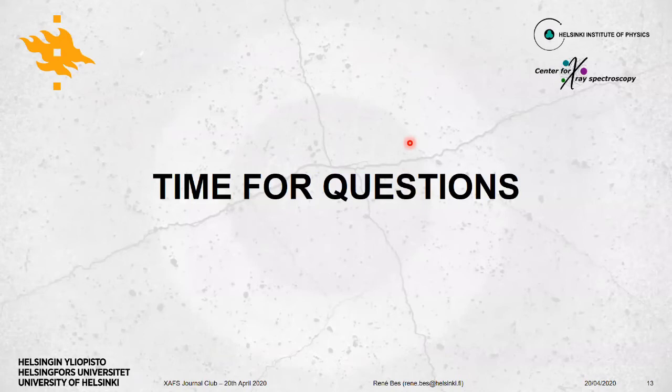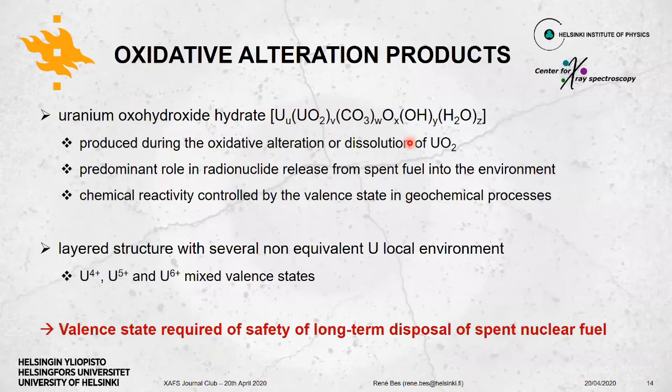Okay, thanks. So the first example I wanted to show you is the oxidative alteration products, and especially some very complicated chemical formula, uranium hydroxydihydrates, which are produced when the uranium dioxide is dissolved or altered in an oxidative environment.